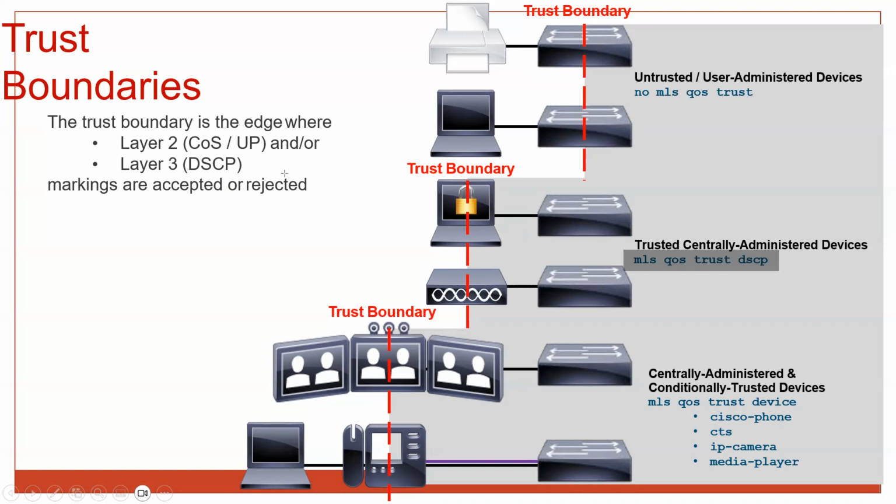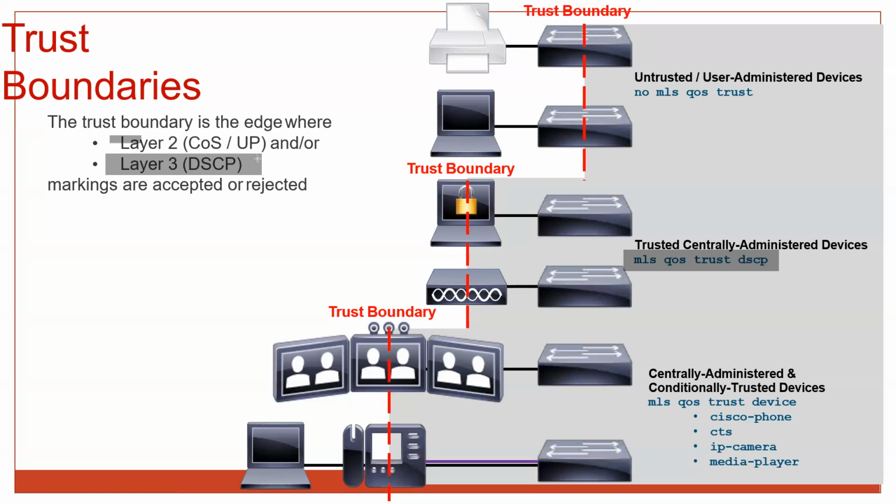Today only we'll discuss. You can see that if you apply classification and marking, basically they are related to marking. If you apply the marking at layer 3, then you have to use DSCP, differentiated service code point.